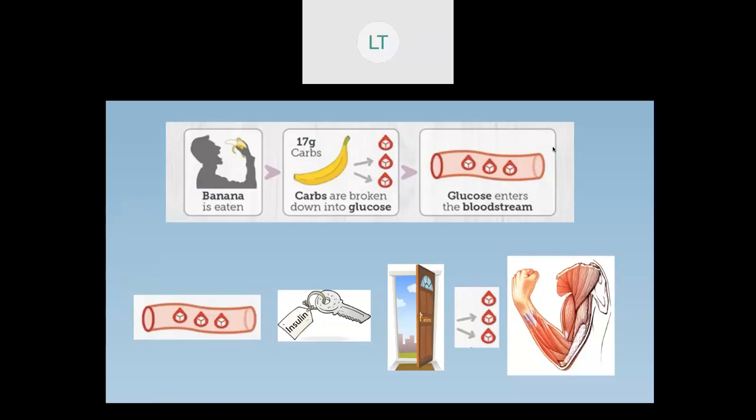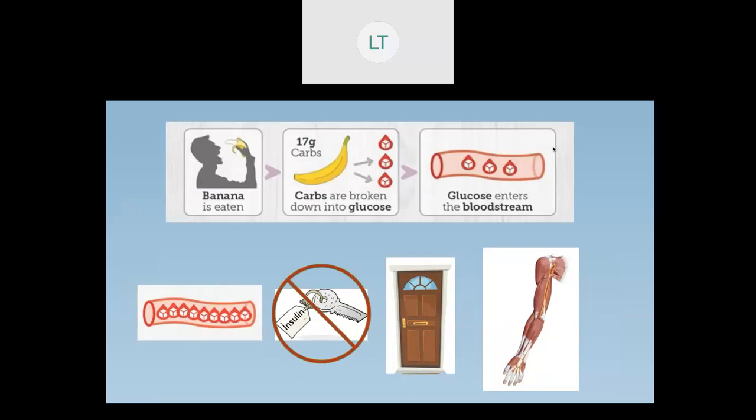Those sugar molecules will then enter the bloodstream and are delivered throughout the body. The pancreas makes and releases a hormone called insulin into the bloodstream, which is used almost like a key to help open up the doors of the body's cells, and this allows the sugar molecules to leave the bloodstream and enter the cell. The sugar is then used as energy for the cell to perform its main function.